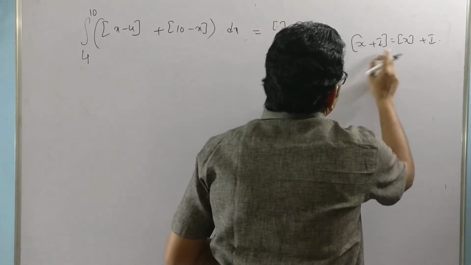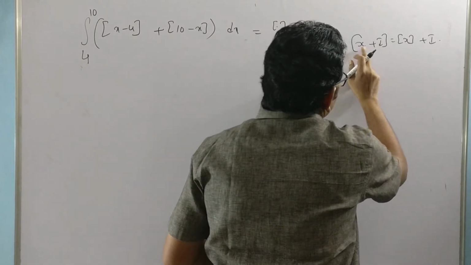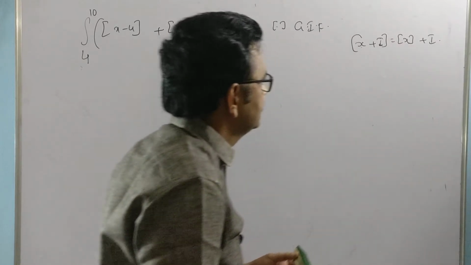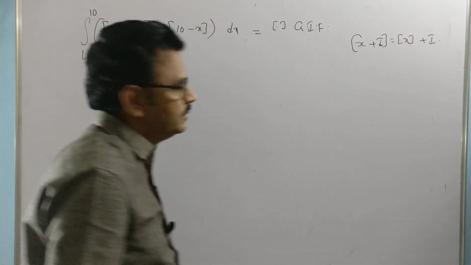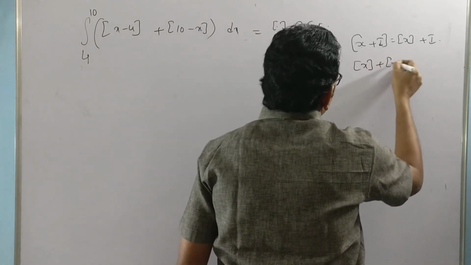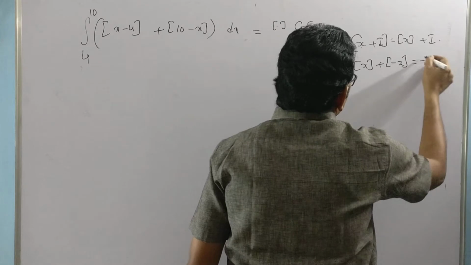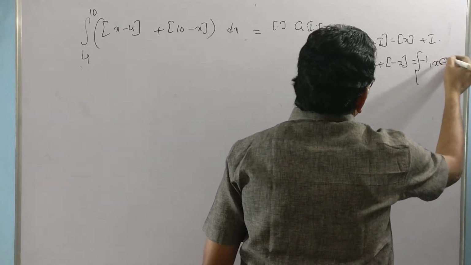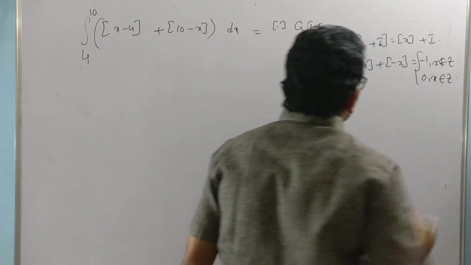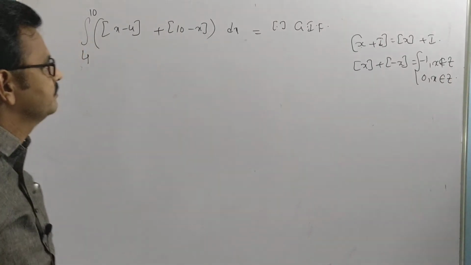So for any number x, x plus an integer can be written as [x] plus I. Also we know that [x] plus [minus x] is equal to minus 1 if x does not belong to Z, and 0 if x belongs to Z. We know all these properties.